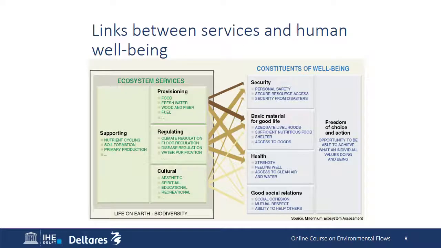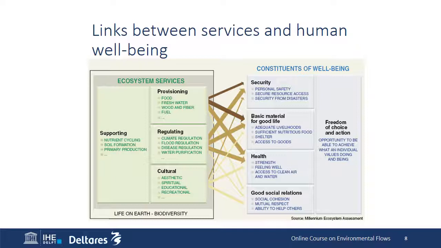And these services are used by people in different ways. The Millennium Ecosystem Assessment distinguishes a number of components of human well-being, such as security, use of materials for a good life, health, and also good social relations, which are mainly related to the cultural activities.